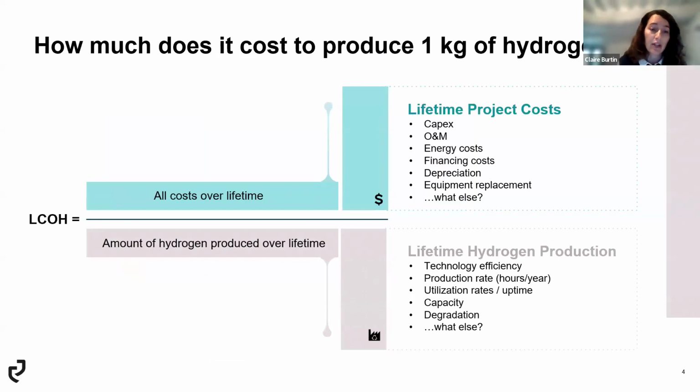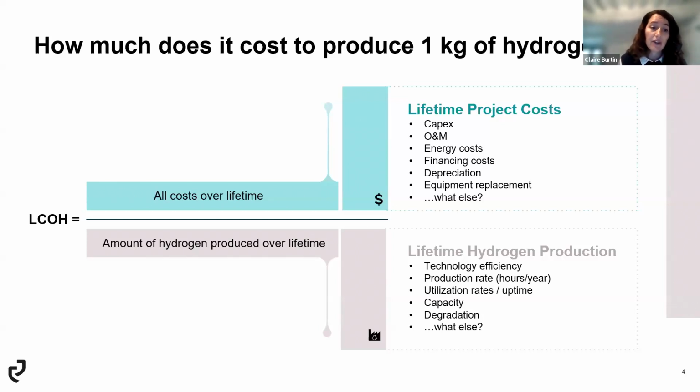As I've shown in my first example, you can have a very high capex for a system, but then the efficiency is very good. So over the lifetime of your project, and depending on your price of electricity, investing more initially could be more interesting for you in the long run and could lead to a lower levelized cost of hydrogen in the end.